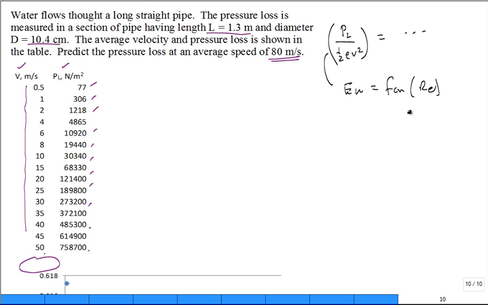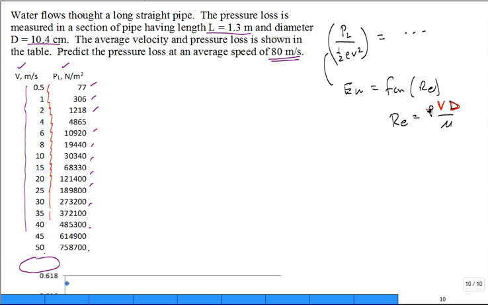So what you do is you take the velocity, and what is the definition of the Reynolds number? Rho, velocity, diameter over mu. Okay, for all of these test cases, V is changing, but is D, the diameter, changing? Same diameter.